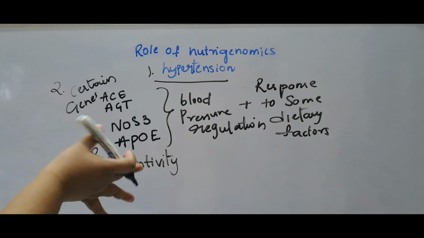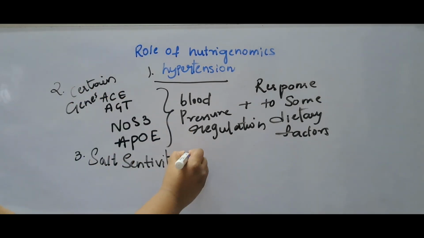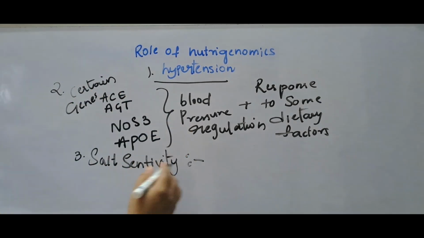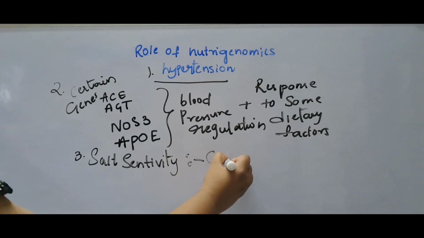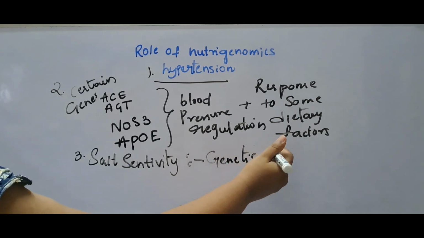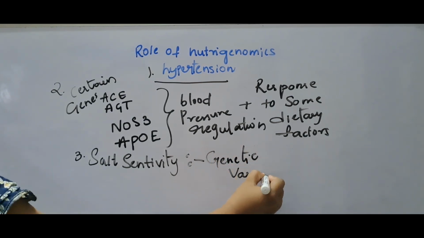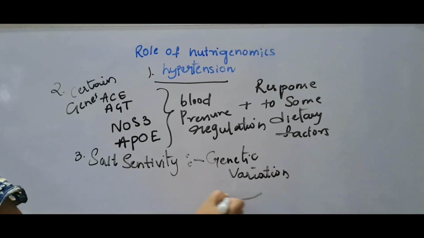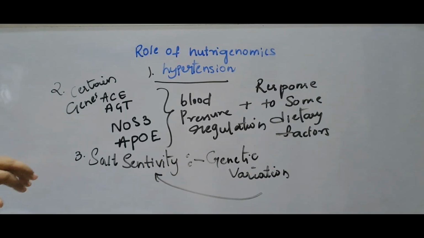That is the variation we will see in salt sensitivity. So each individual has a genetic variation which leads to salt sensitivity. That is the third point, because of which we are getting hypertension.